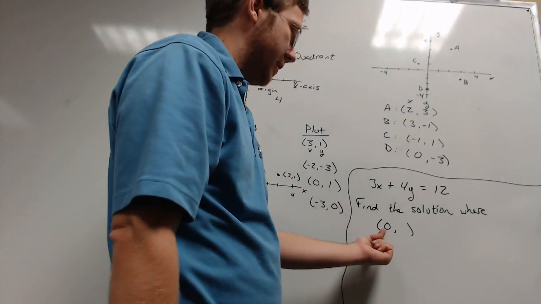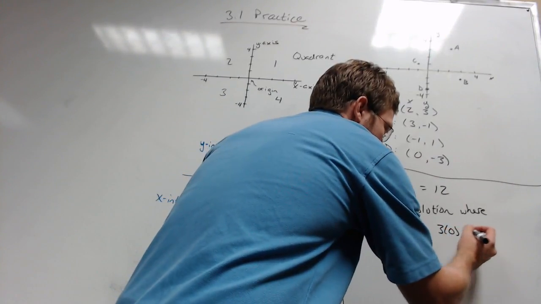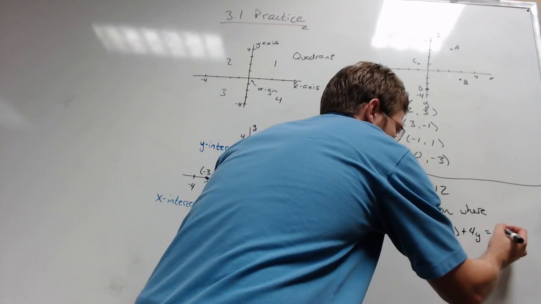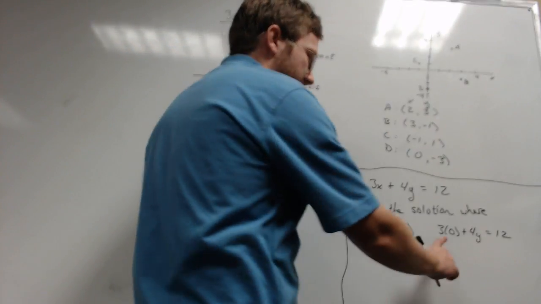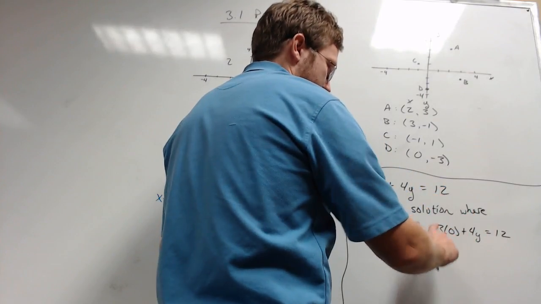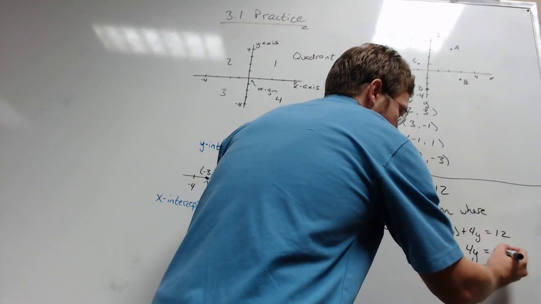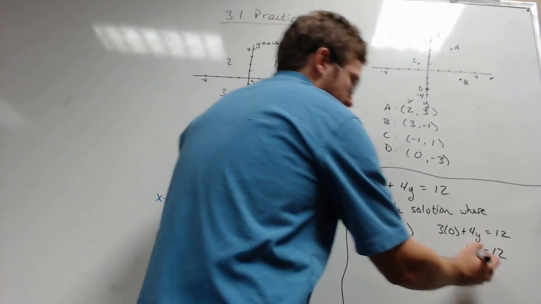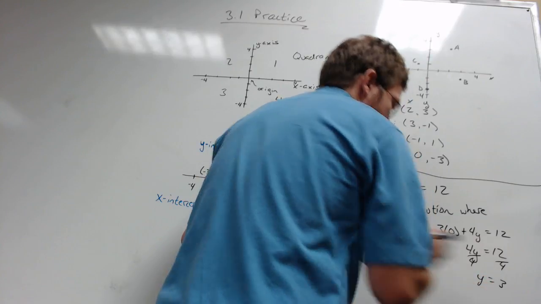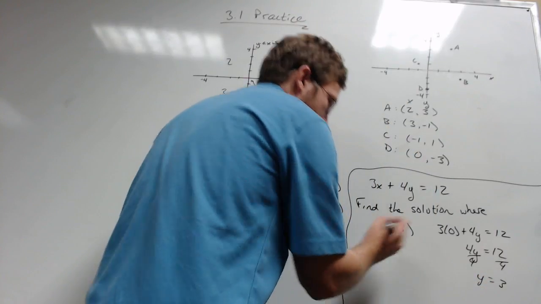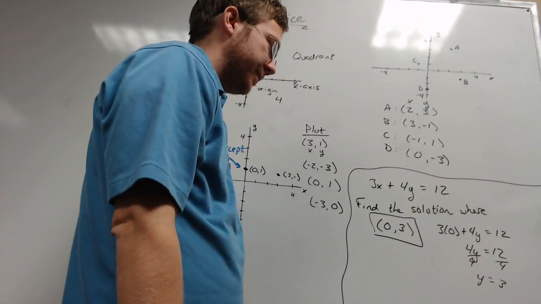I tell you here that x is 0, you can substitute it in. Now you have a little equation to solve. This is going to be 3 times 0, so that'll go away. We're just left with 4y equals 12. And you divide both sides by 4. And the y value that would go with this x value is 3. So there's our particular solution that I asked for.